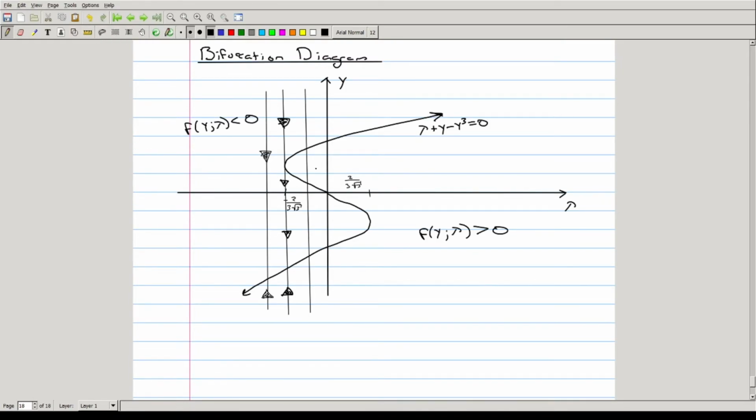we have a switch where function's still negative here, but it's positive here, and it's negative here, and it's positive here.